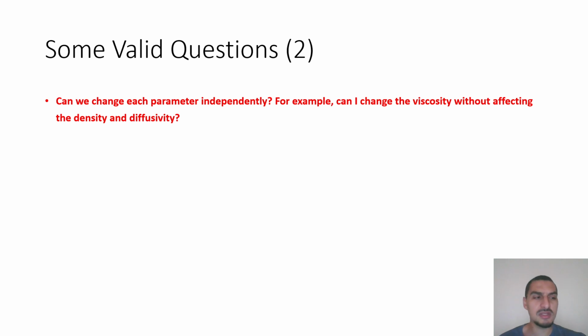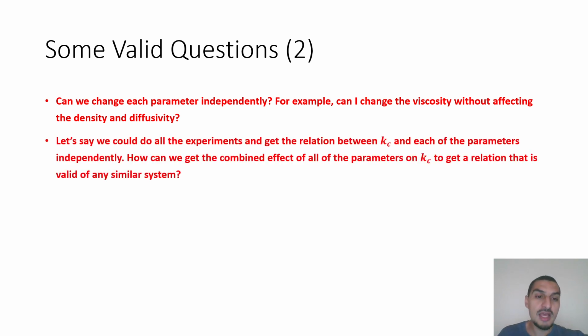Changing density can be done either by changing the temperature, which will affect the diffusion coefficient and the viscosity, or by changing the fluid itself, which will definitely change the viscosity and the diffusion coefficient. So theoretically speaking, I can say that I can keep everything constant and change one parameter, but practically speaking, this is not possible in our case. I can never change the density without changing the viscosity and the diffusion coefficient.